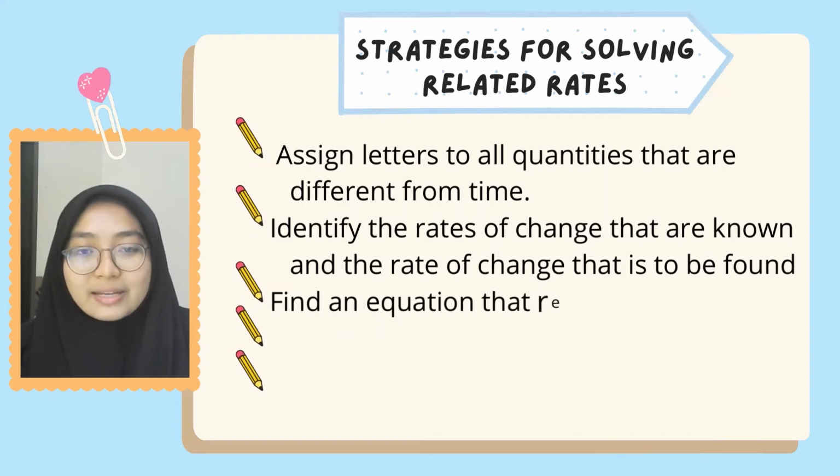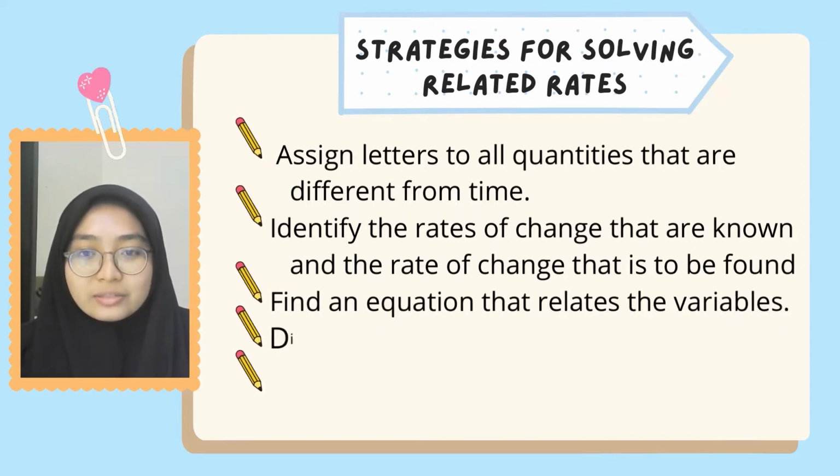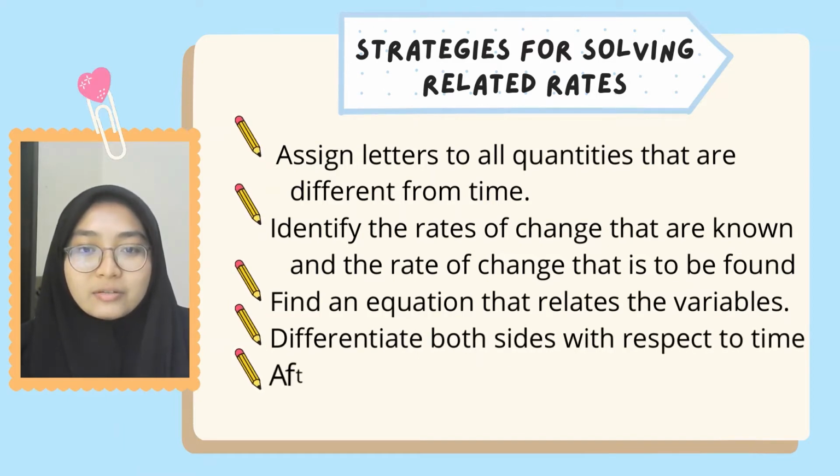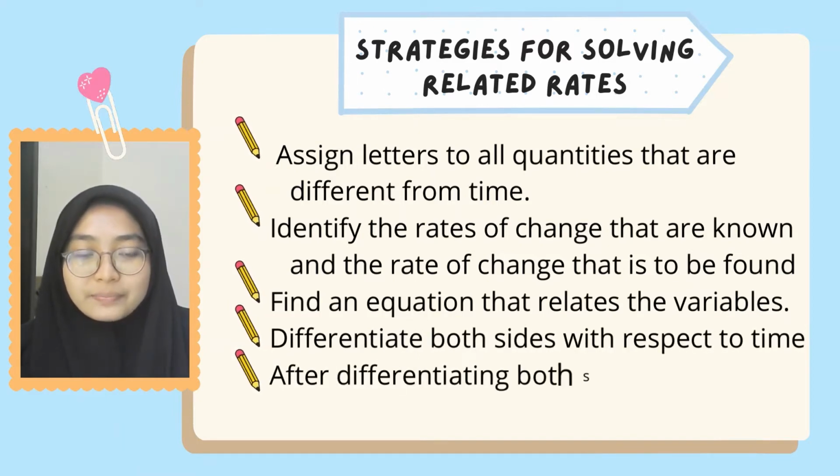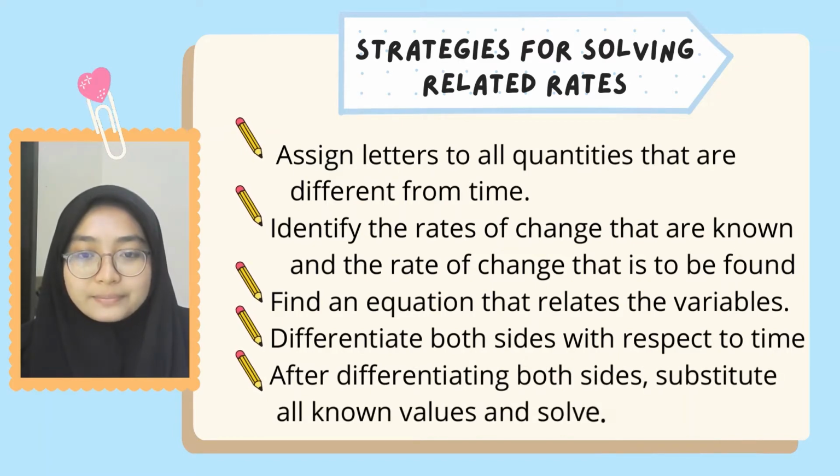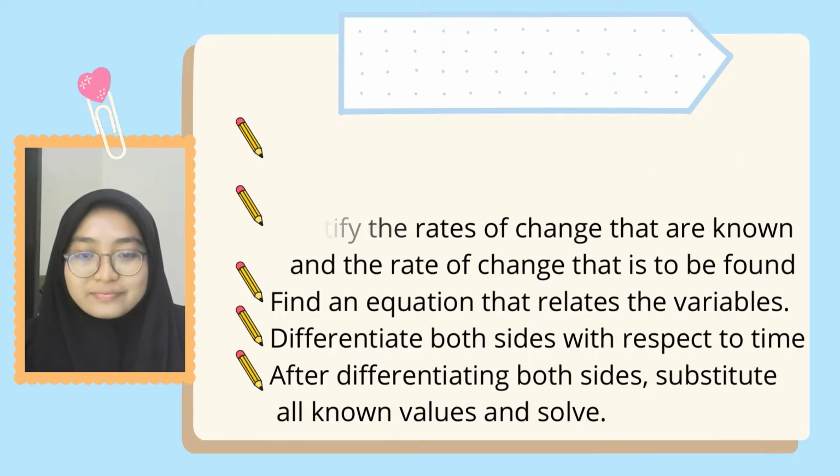The second step is to identify the rates of change that are known and the rate of change that needs to be found. The third step is to find an equation that relates the variables. The fourth is to differentiate both sides with respect to time. The last step is to substitute all known values and solve.